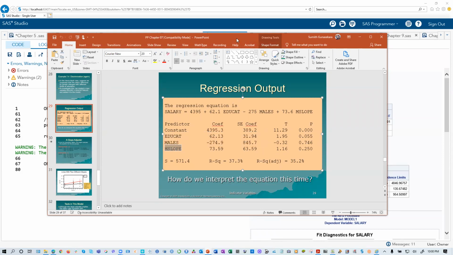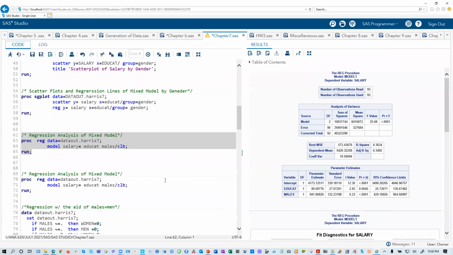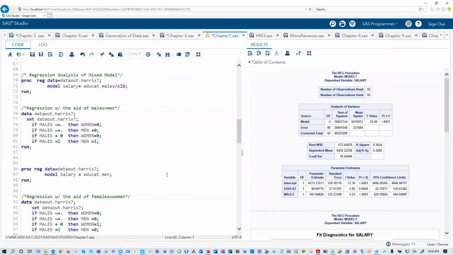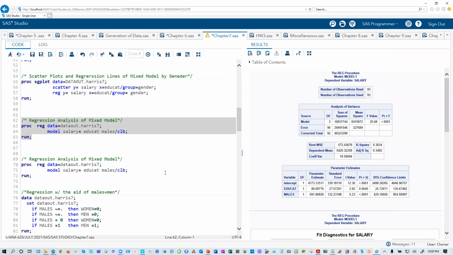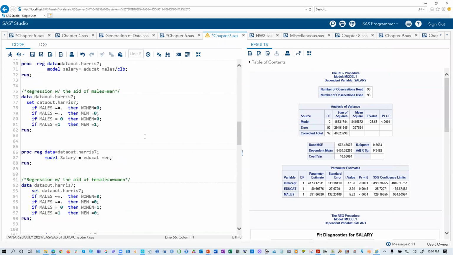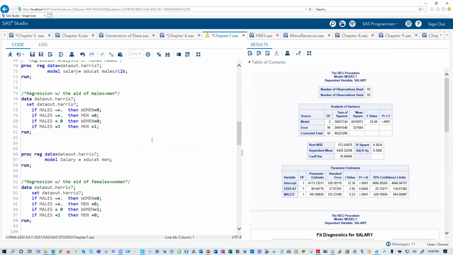MS slope. Let's try to get the MS slope and see what's going to happen. Education means that one, salary. I'm going to get this one. Not that one, sorry. And slope.